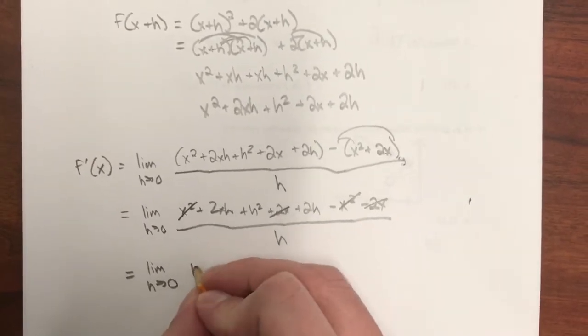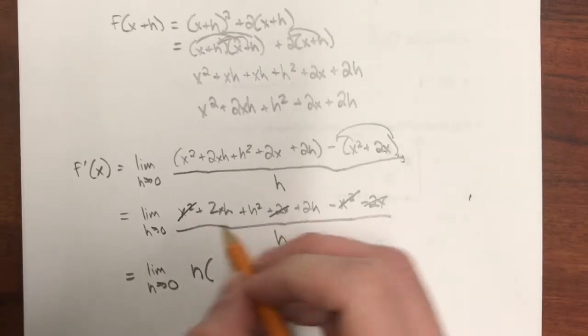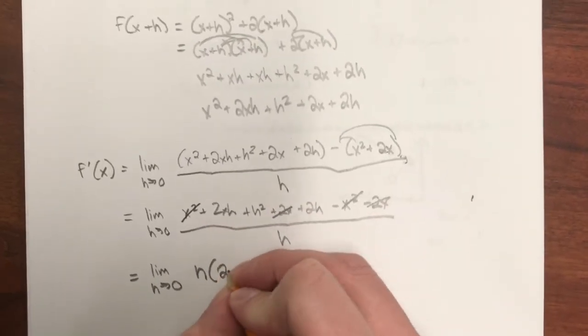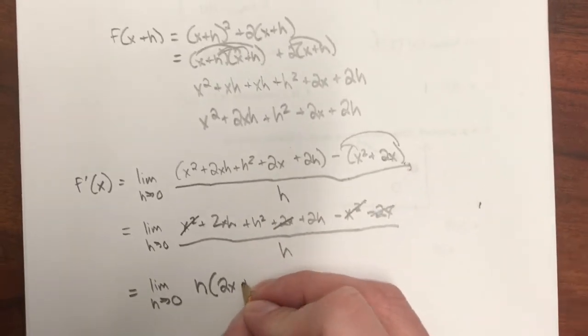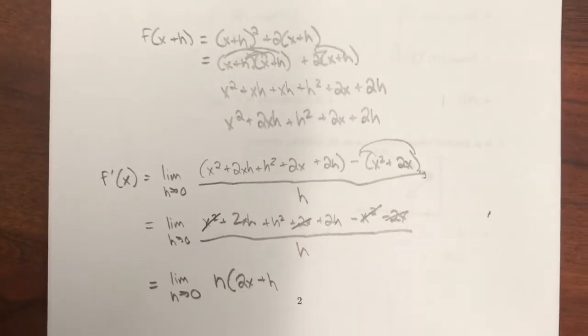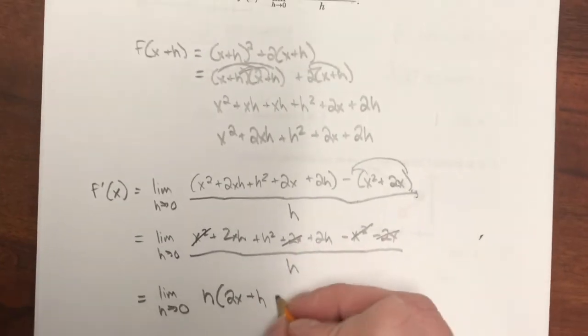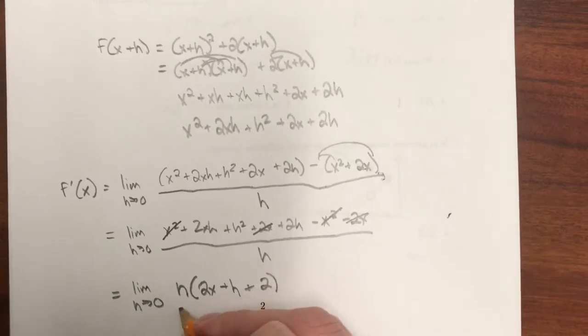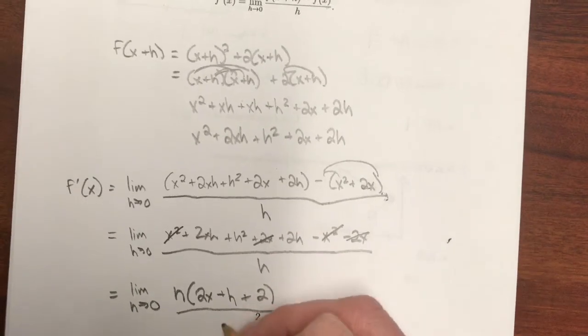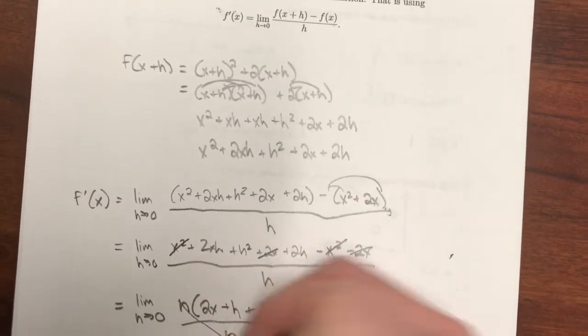I'm going to bring out the h first. Okay, I'm going to factor that out. So that leaves me with 2x, no more h. Bringing 1 h out of an h squared is regular h, because h times h is h squared. Bringing an h out of 2h is 2, all over h. Cross that out.